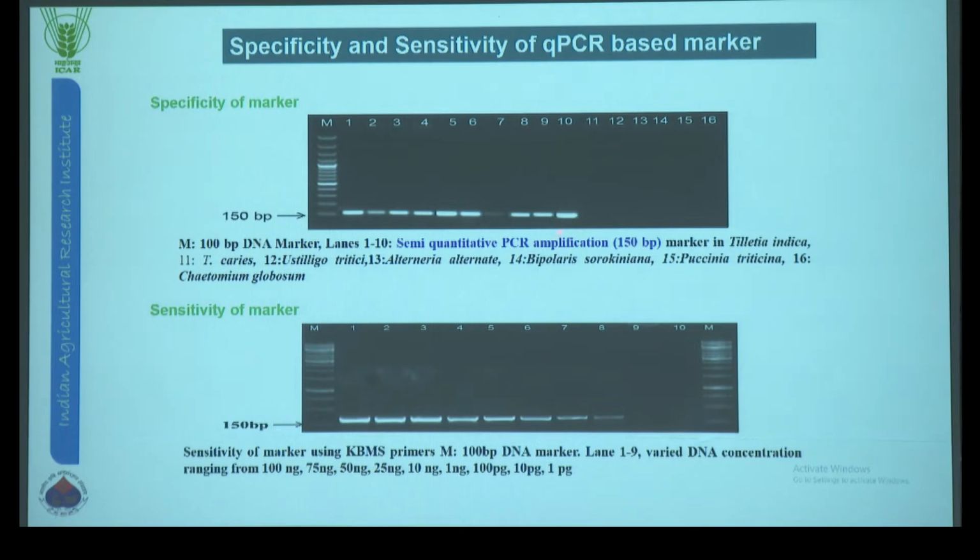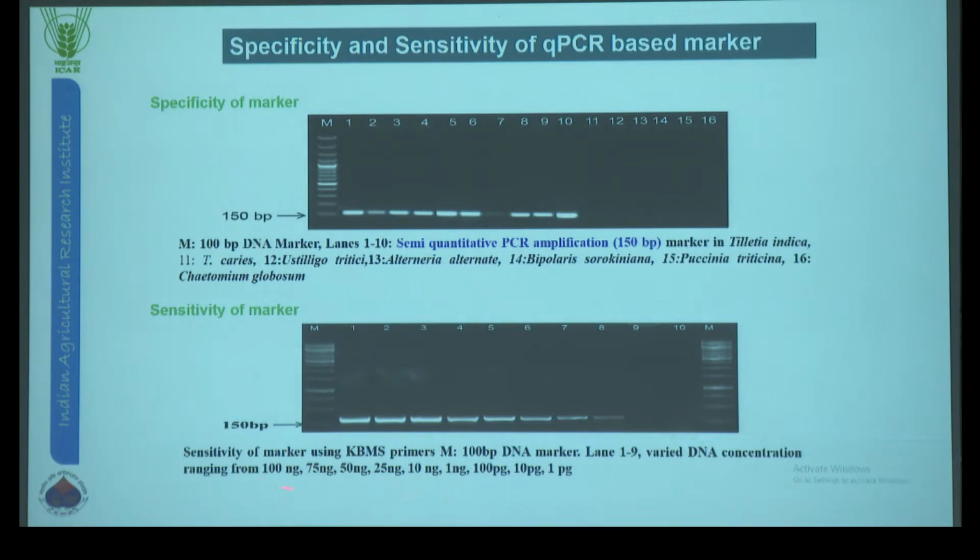Up to 10 are all Tilletia indica, the others are other pathogens. It is clear that there is no amplification in other pathogens. You have to repeat 2-3 times and be sure it does not amplify other pathogens, otherwise it gives false markers. Be sure while doing the PCR.